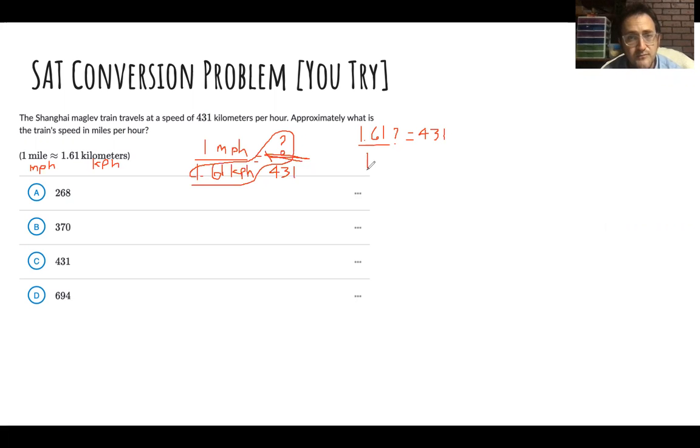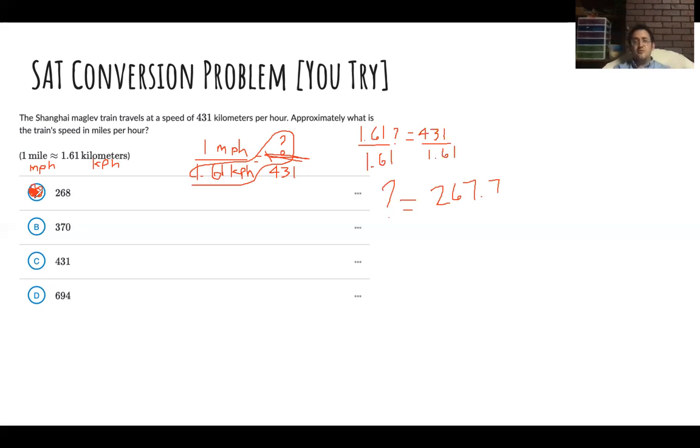I'm going to divide by 1.61. And then I can find out the question mark. So I'm going to do 431 divided by 1.61. So I'm going to get 267.7. Which rounds to 268.